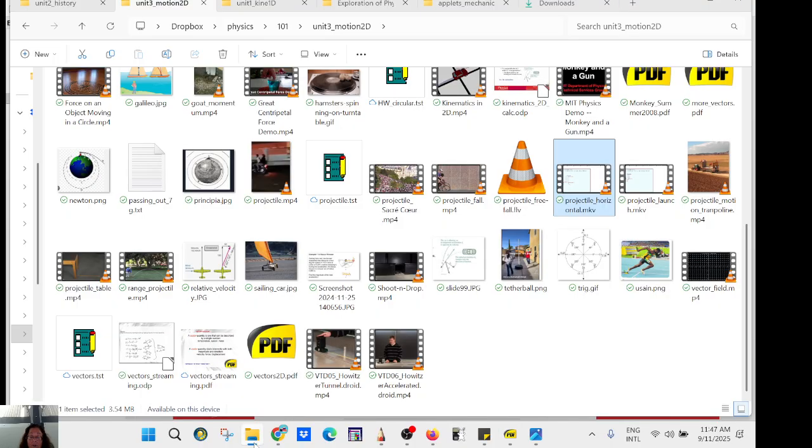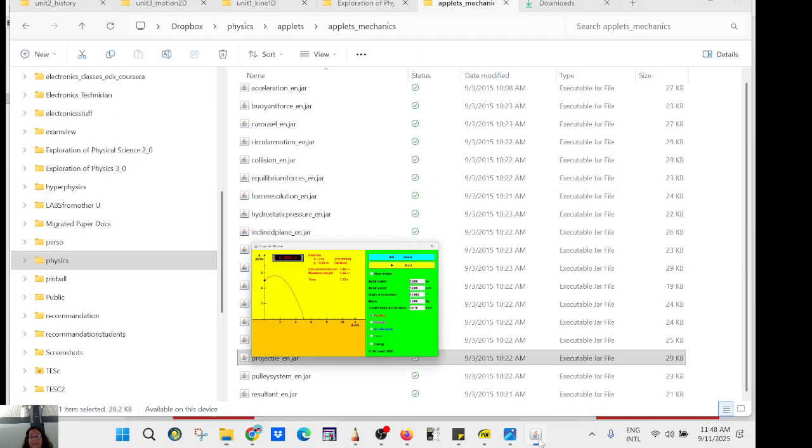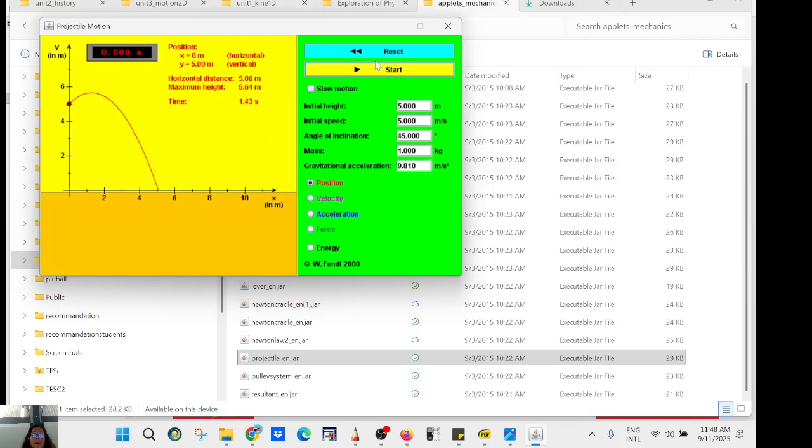Okay, I have another app to show you. Reset. I want to have 0. I want to show you the velocity here.